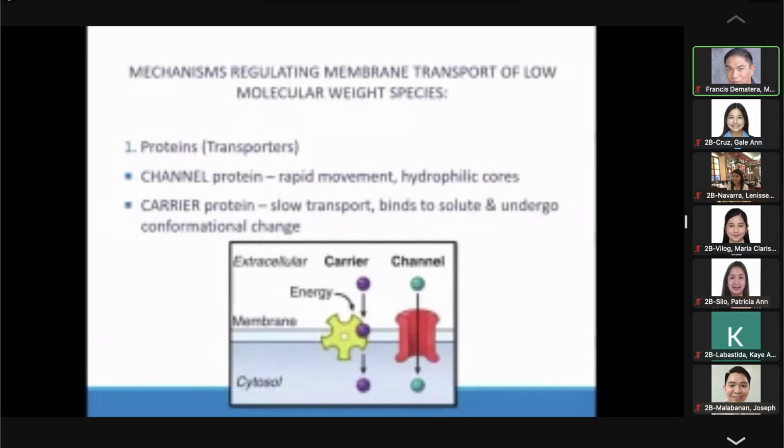These create hydrophilic pores, which allow rapid movement of solutes when they're open, and they're usually restricted by size and charge. Carrier proteins bind their specific solutes and undergo a series of conformational changes to transfer the ligand across the membrane. So their transport is relatively slow.